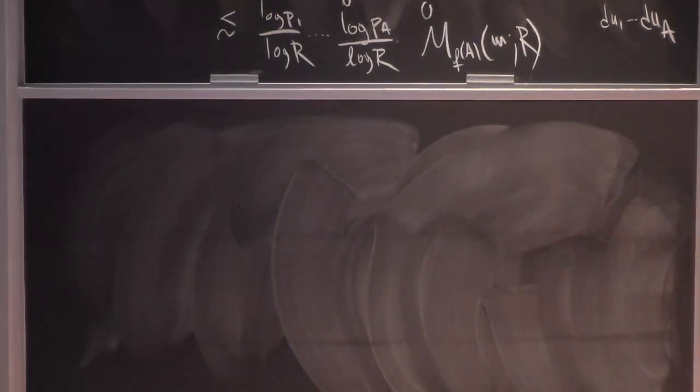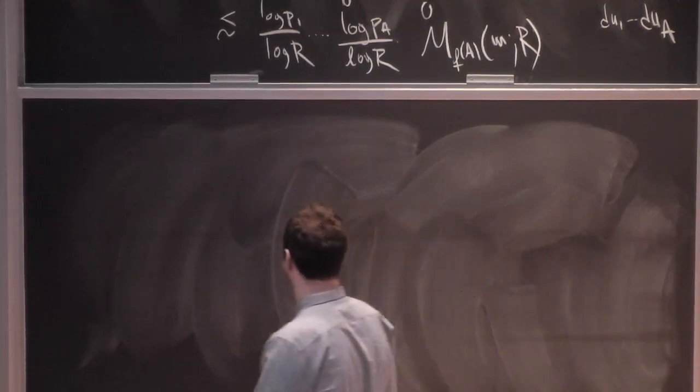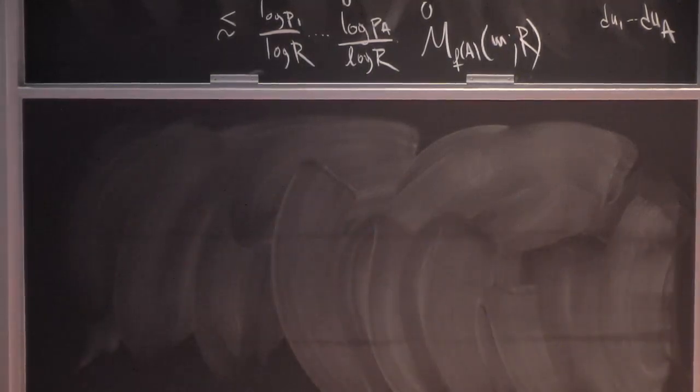Okay, and our enemy are integers with small prime factors or with lots of prime factors. And if you have an integer with lots of prime factors, you will have small prime factors. A typical integer does have a small prime factors of size big O of 1.